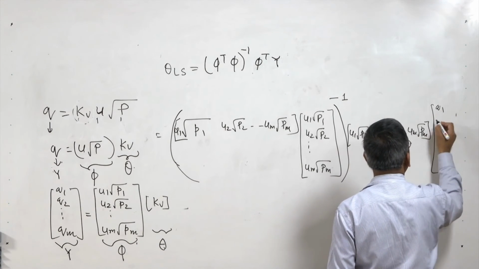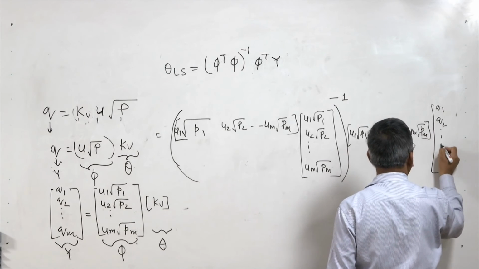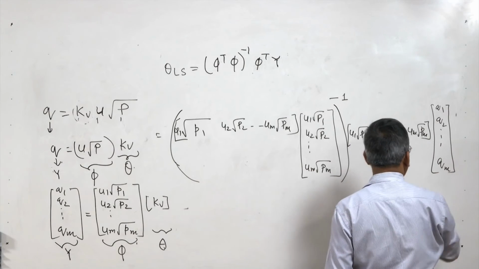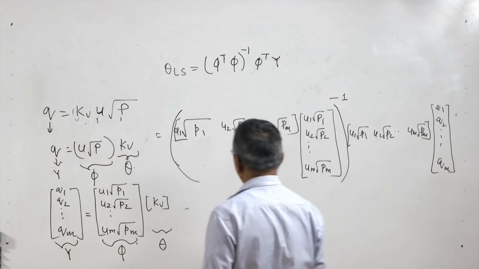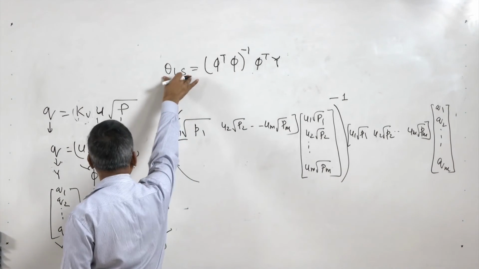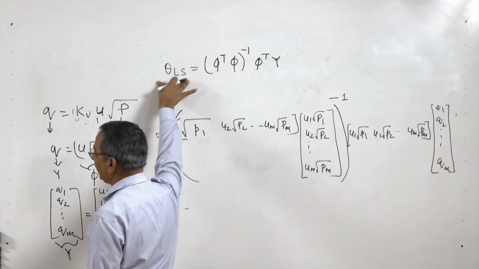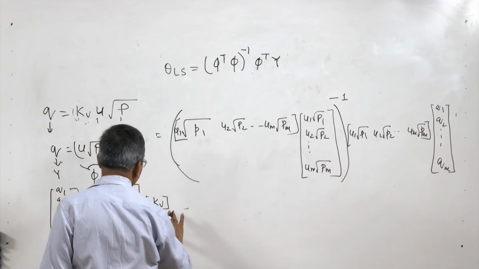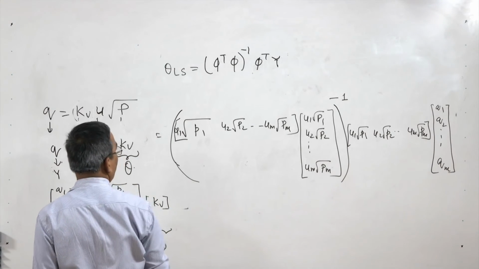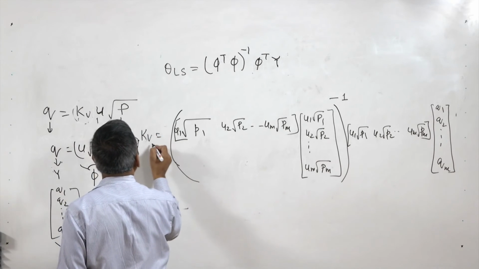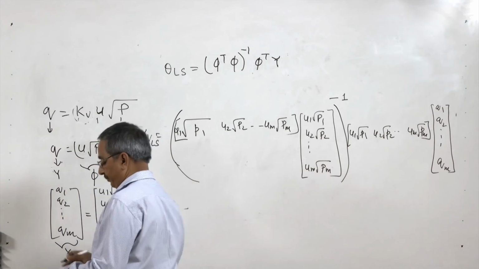So this is basically theta least square, and that theta least square is the kV least square.